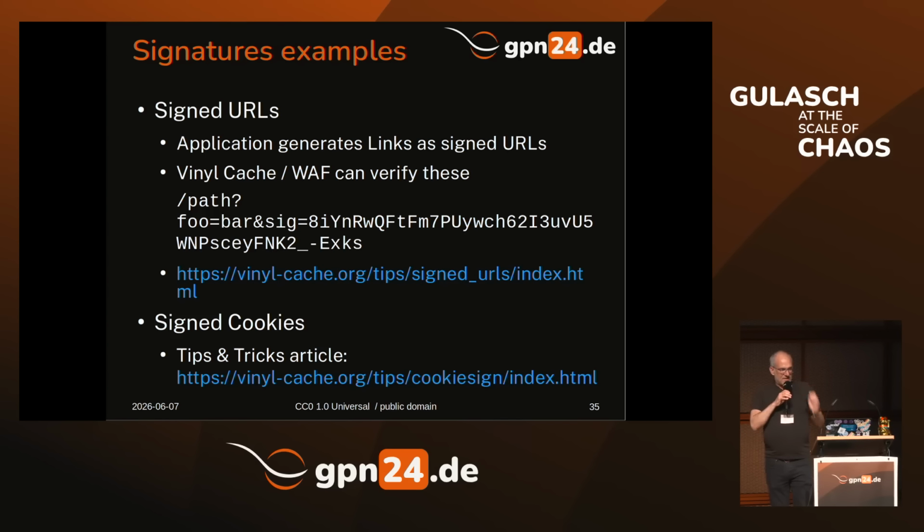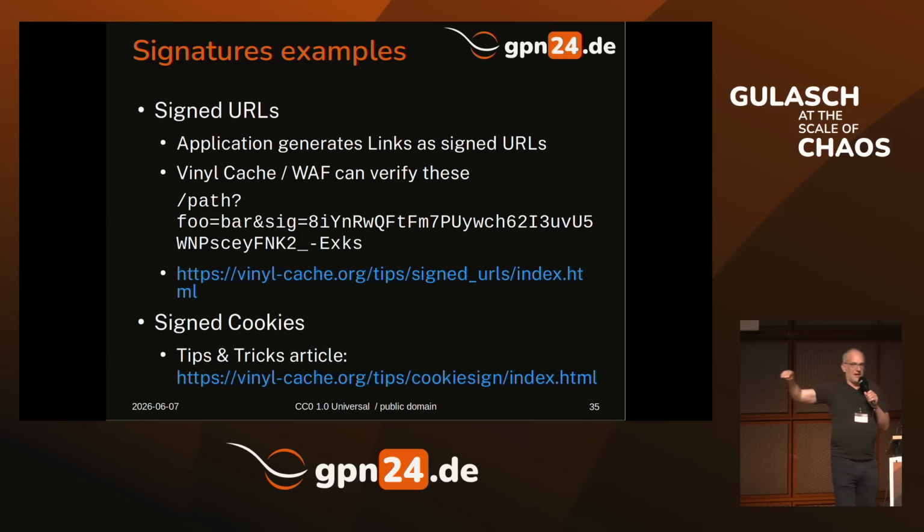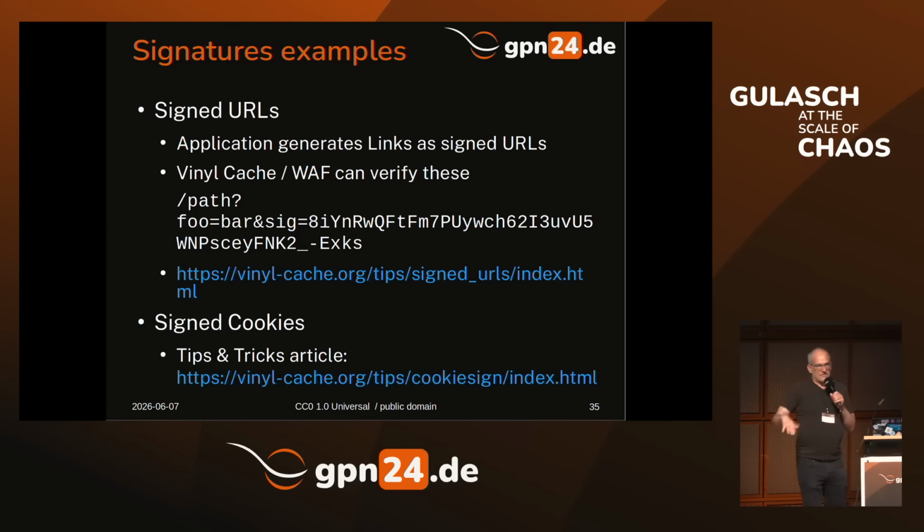And another example, little story aside, I use this for our project for Varnish on code.vinylcache.org, which is a bit of code to sign cookies. So the basic idea is the application doesn't know anything. It sends a Set-Cookie response header. We put a signature at the end of the value of the cookie. The user agent stores the stuff because it's opaque anyway.